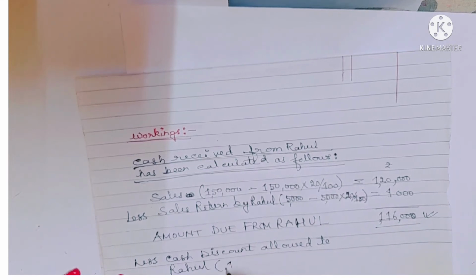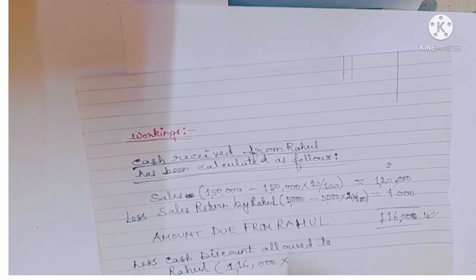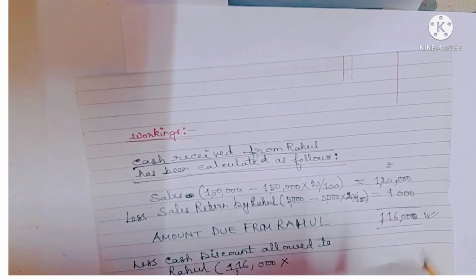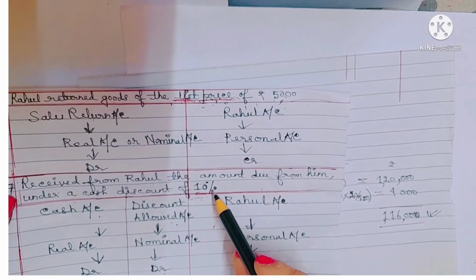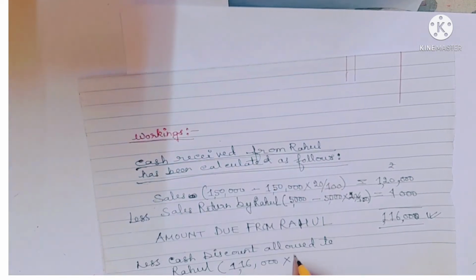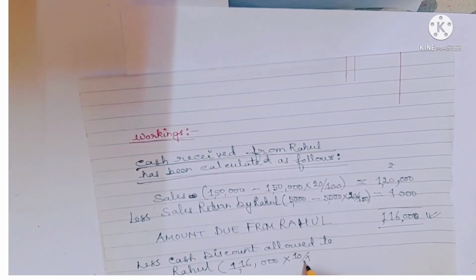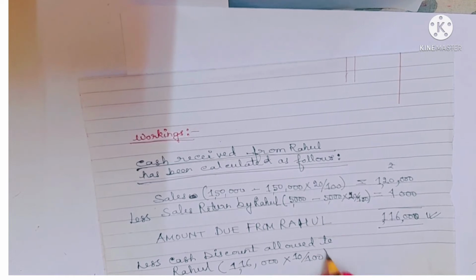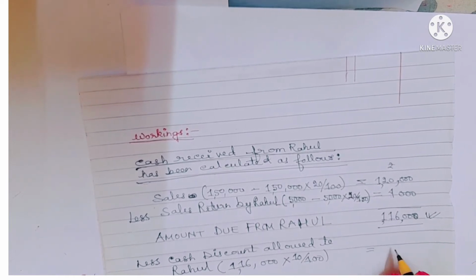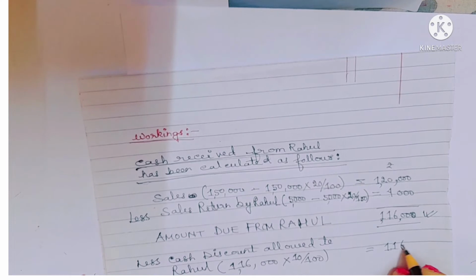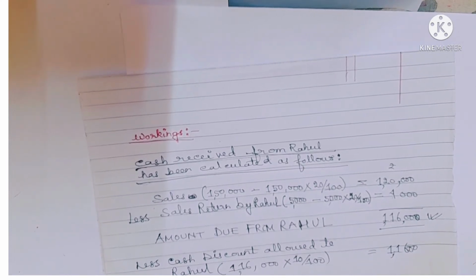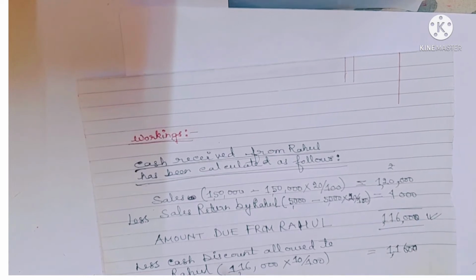So 1,16,000, and the cash discount was 10%. So 10% of 1,16,000, how much? 11,600. 11,600 is the cash discount allowed to Rahul. Okay.